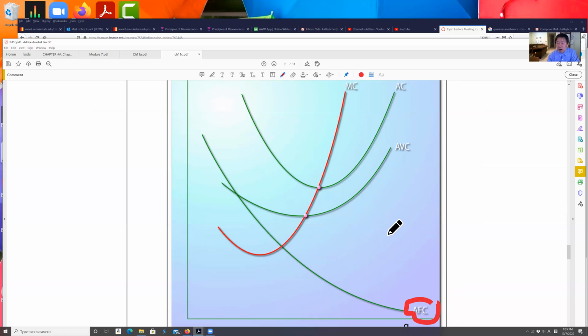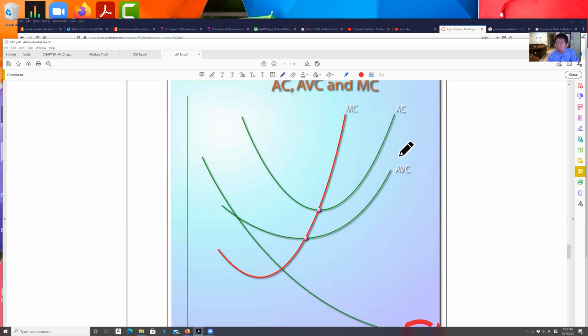The remaining 3 curves are all U-shaped. They all look like this. All these cost curves are U-shaped except the average fixed cost. Average cost, average variable cost, and marginal cost, they are all U-shaped.